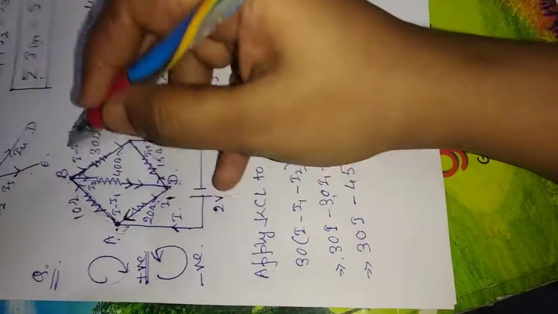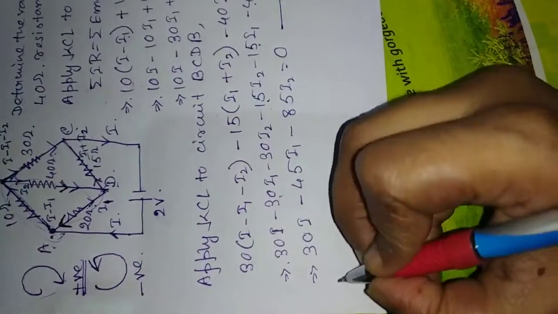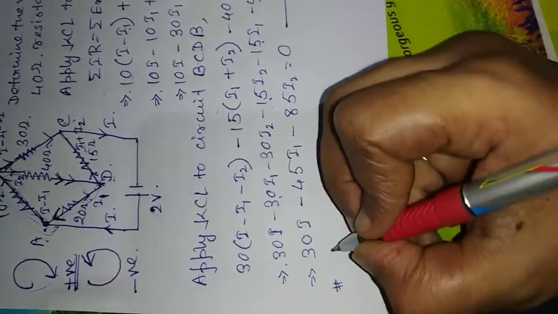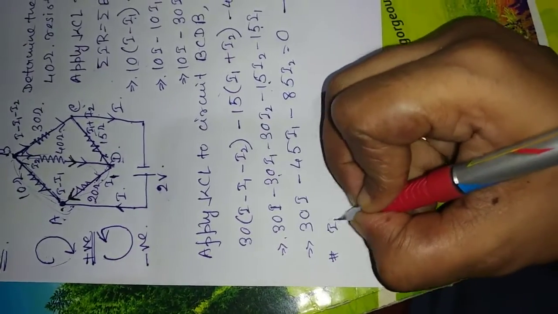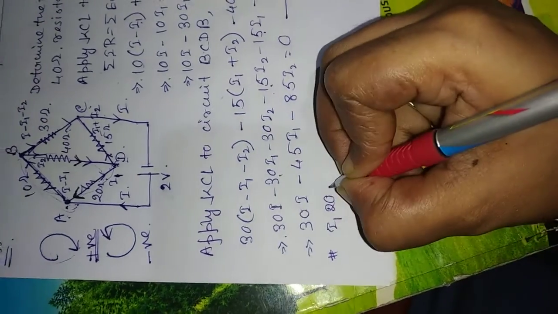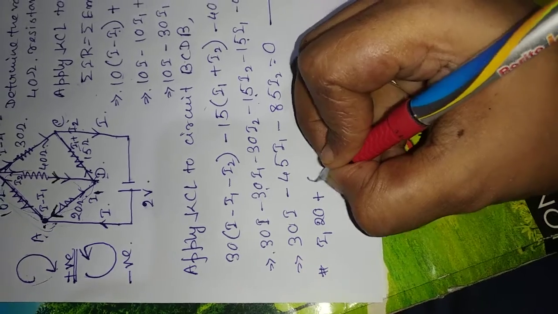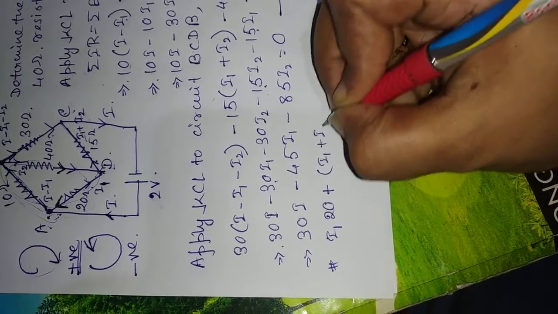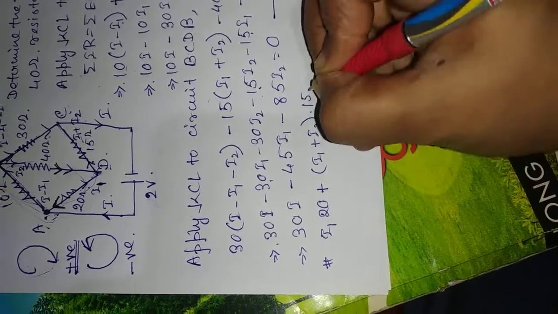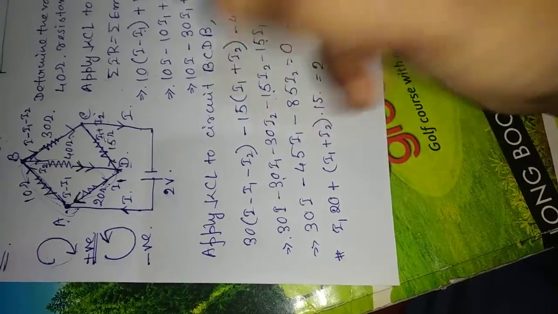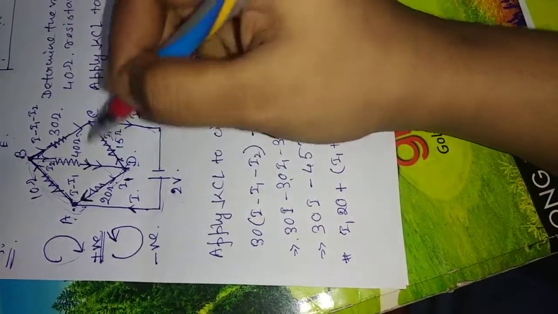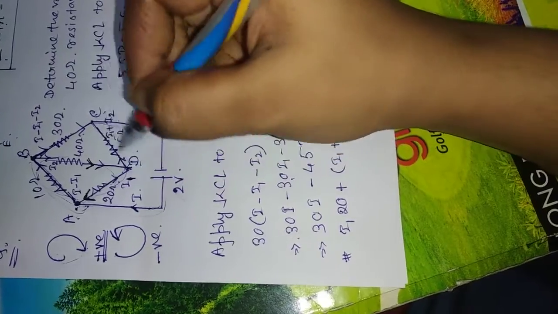So here total, next, it will be I1 into 20 plus I1 plus I2 into 15, that should be equal to 2 for this one, okay?